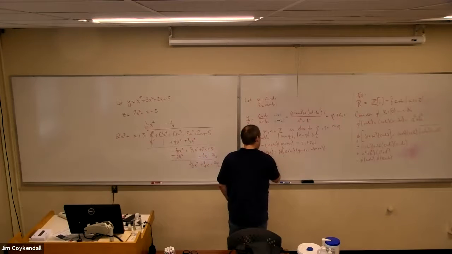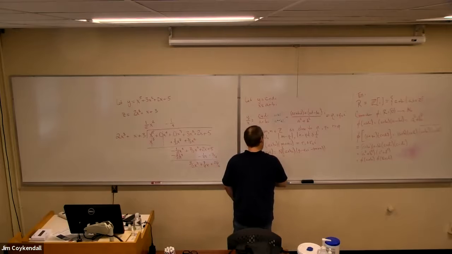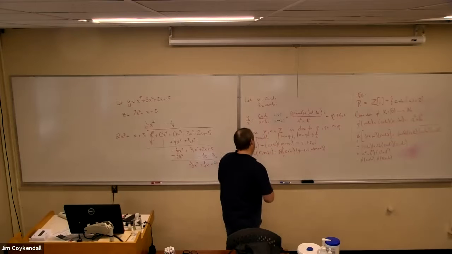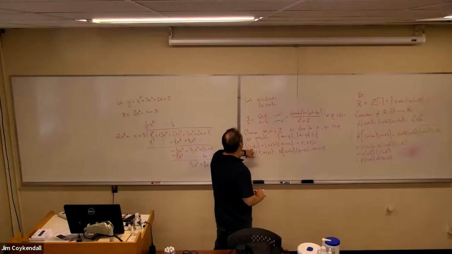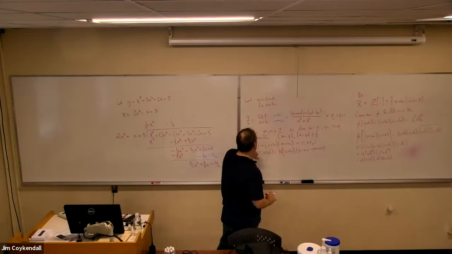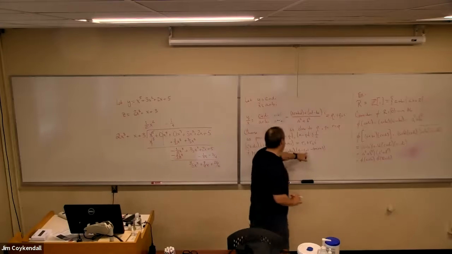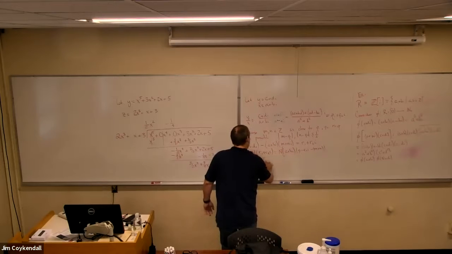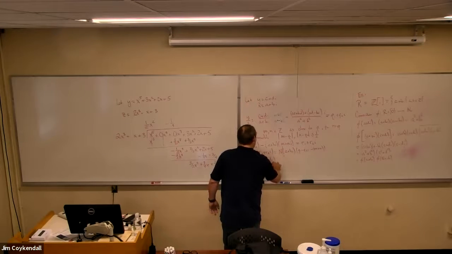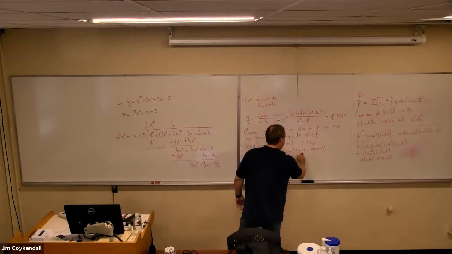Right, because basically the c plus di is actually equal to a plus bi times Q1 plus Q2i. So this is the norm of a plus bi times this mess here.